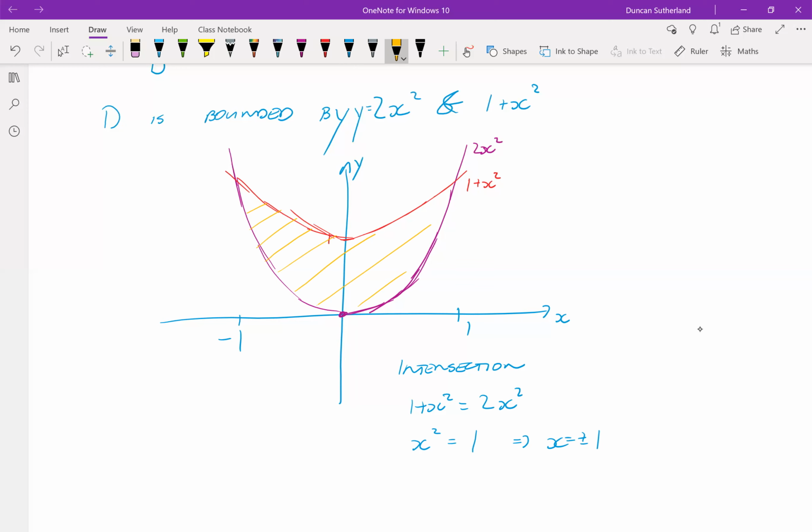We've now got to work out whether we integrate with respect to x first or with respect to y first. So let's just consider what happens if we try to integrate with respect to x first. So that is, we pick a y location and we integrate along horizontal lines.